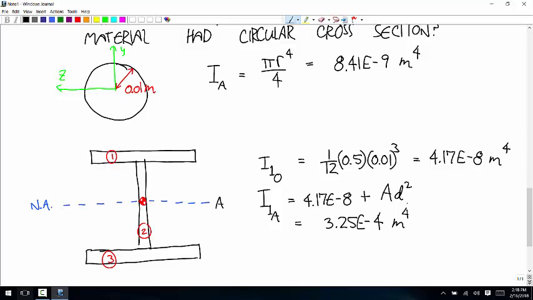This part might as well be 0. It doesn't even show up, it's like a bunch of decimal points down. What does show up is the parallel axis theorem part. And what this shape does to increase the parallel axis theorem part is it gets the centroid of that shape really far away from the neutral axis. So it takes all that material and moves it far away from the neutral axis.